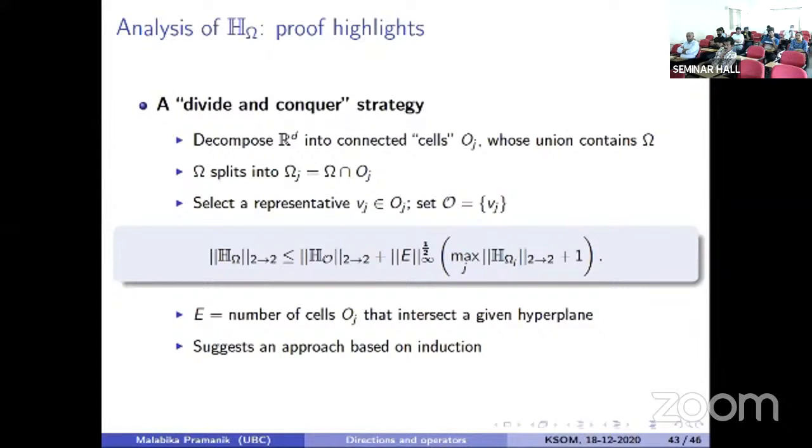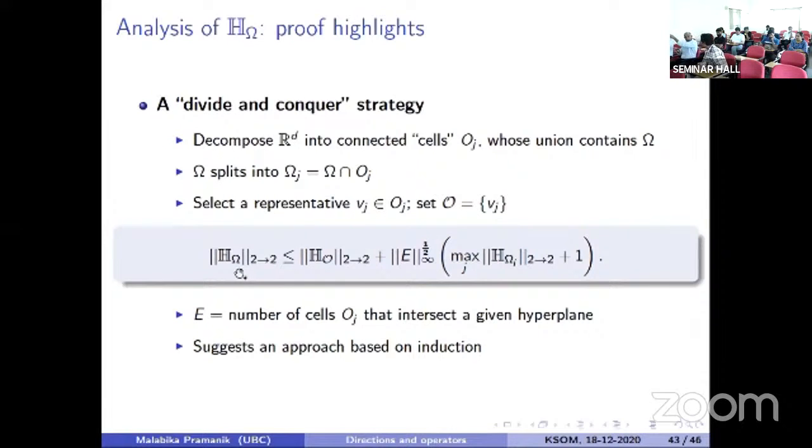One component of the proof there is an almost orthogonality principle for this operator. More precisely, we decompose the Euclidean space R^d into connected cells O_j, whose union contains Omega. And let Omega_j denote the portion of Omega that lies in the jth cell O_j. Let V_j be any point in O_j, in other words, a representative of the jth cell; the set O is the collection of all such representatives.